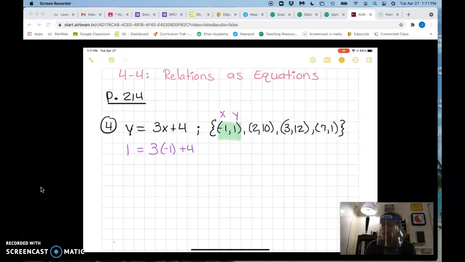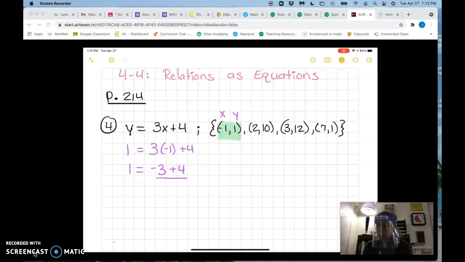Okay, what is 3 times -1? So 3 times -1 is -3. And now we're going to combine these numbers on this side.